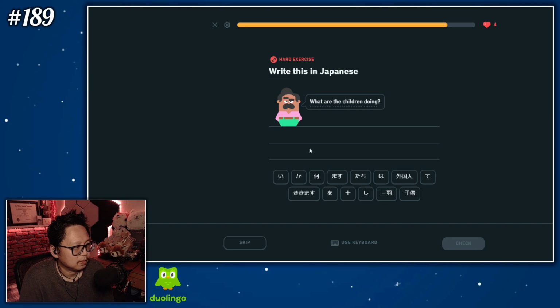Sometimes when you're hearing things like this, you don't necessarily think of how it's written, but that's also kind of the same feeling when you're saying something and your hand just moves on its own. At least at some point. Kind of feels nice. You're well on your way. What are the children doing? Oh, kodomo.